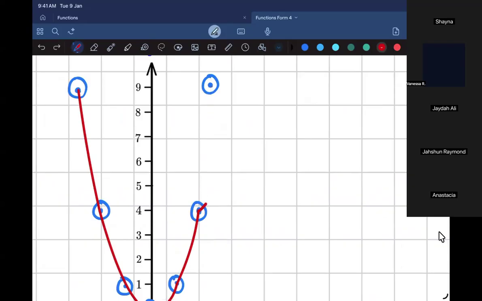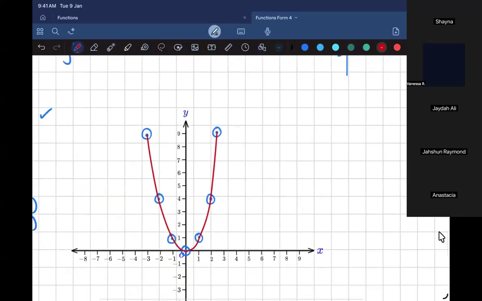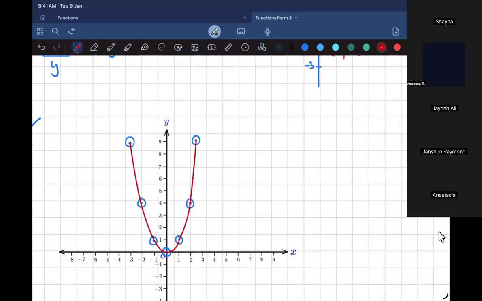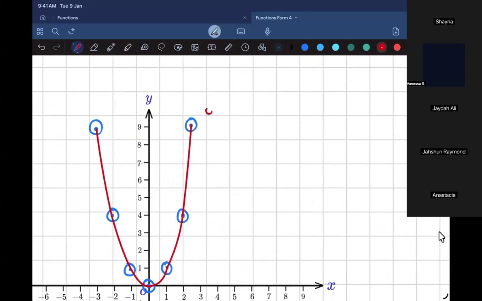Why does this thing not want to curve? Okay. All right. And this graph will be the graph for y is equal to x squared.